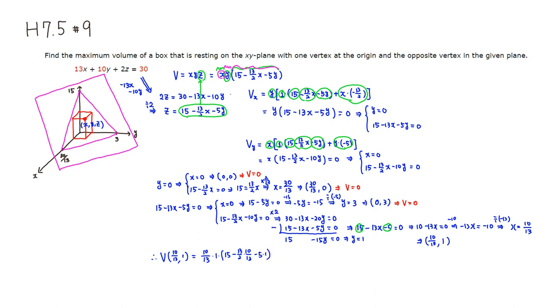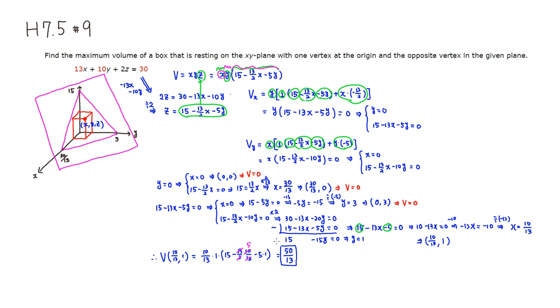We can simplify here. 13 and 13 cancel out, 2 and 10 cancel out, so it's going to be 5. So we have 15 minus 5, which is 10, and then 5 times 10 over 13, so it's going to be 50 over 13. So the maximum volume is 50 over 13.